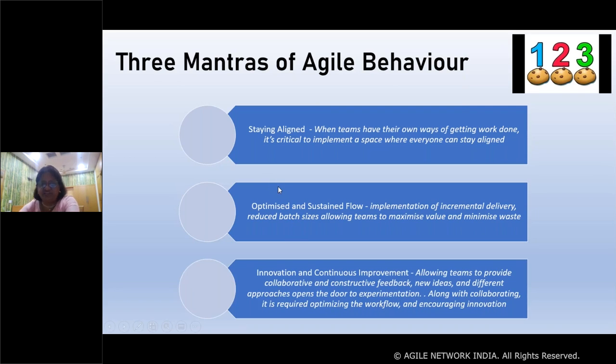And then there is innovation and continuous improvement. We try and get better every day at it, allowing teams to provide collaborative and constructive feedback, new ideas and different approaches opens the door for experimentation. Teams have the freedom to experiment. Along with collaborating, it is required to optimize the workflow and encourage innovation.